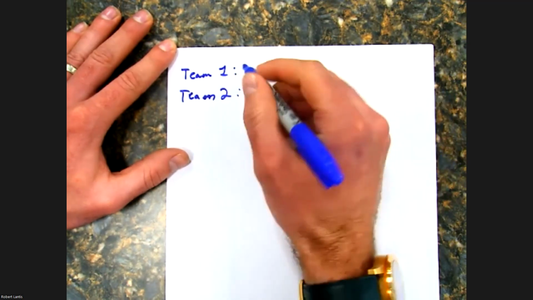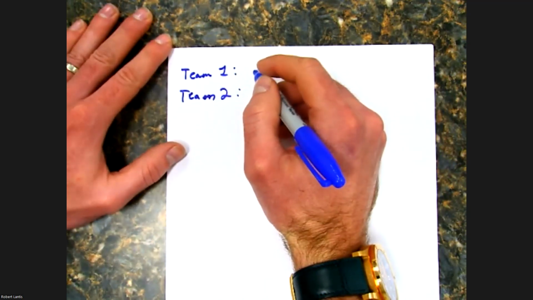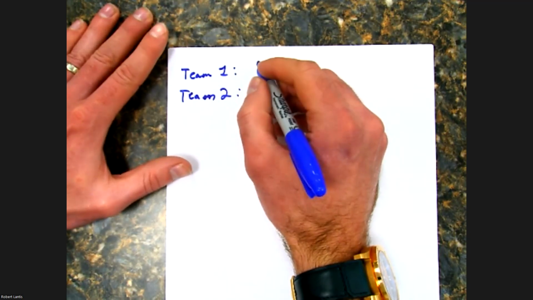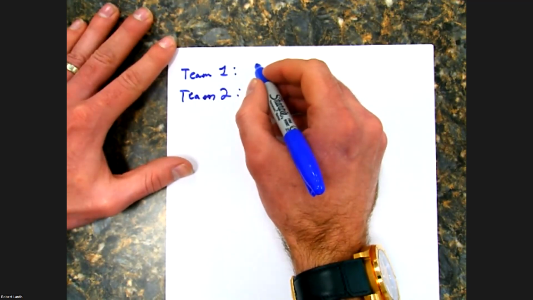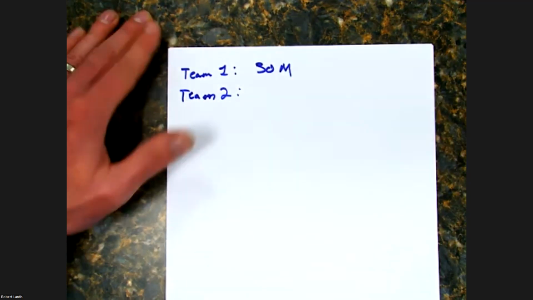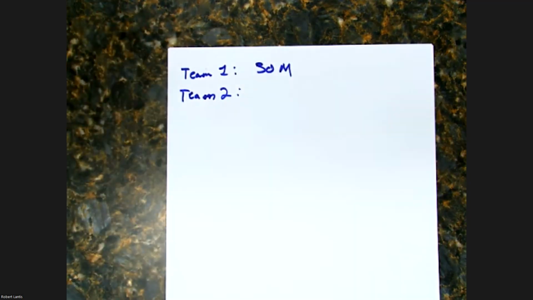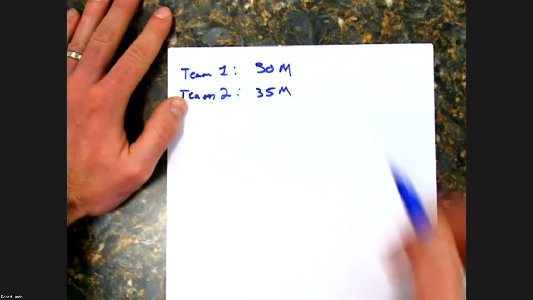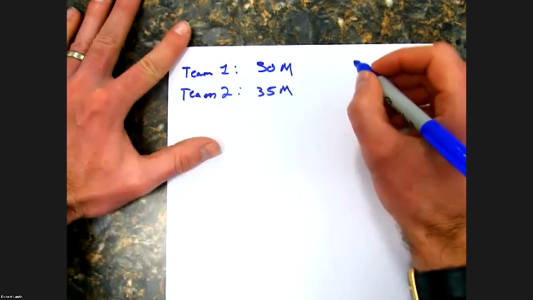And team 1 values the first pick in the draft, right? If they added the player that they're planning on drafting, let's say that player has a value, the marginal wins per labor, of 30 million. Team 2 doesn't have that first round pick.